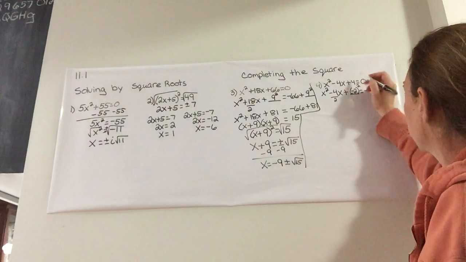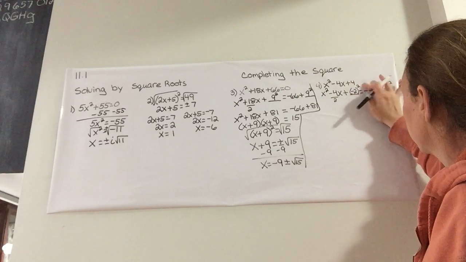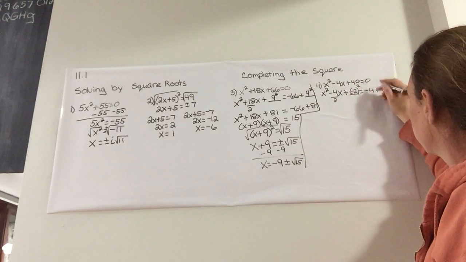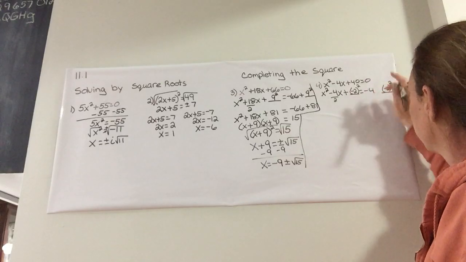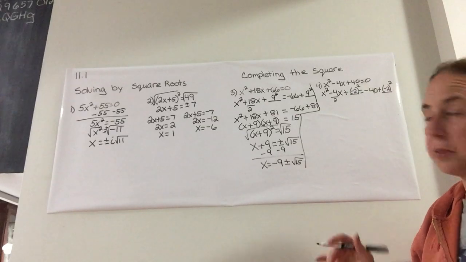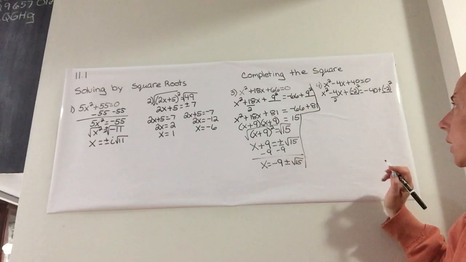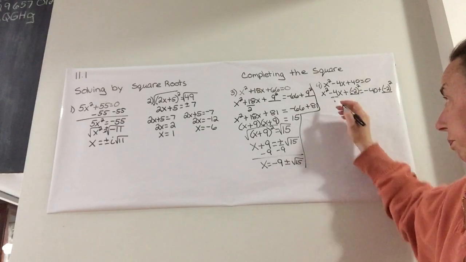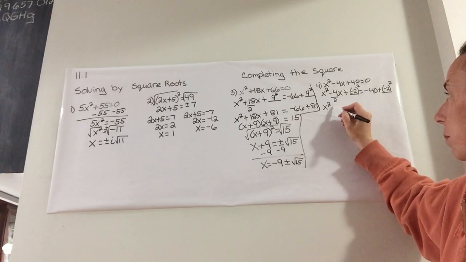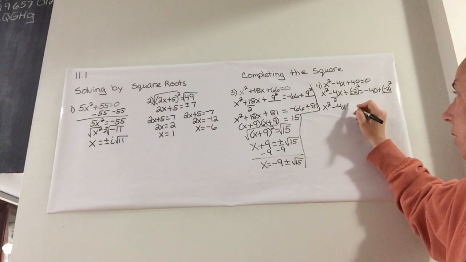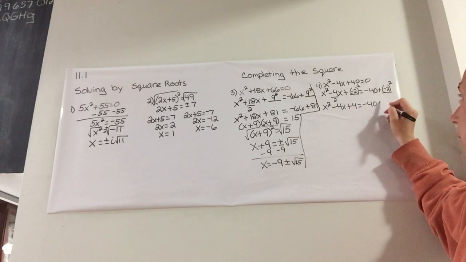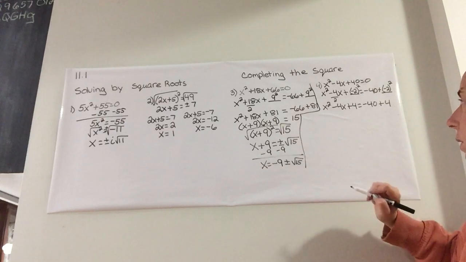Oh, sorry. I wrote the problem down wrong. This is supposed to be a 40. So we have negative 40 over here. There we go. Something didn't look right. Sorry, that was supposed to be a 40. Okay. So, I have now x squared minus 4x plus 4 is equal to negative 40 plus 4.